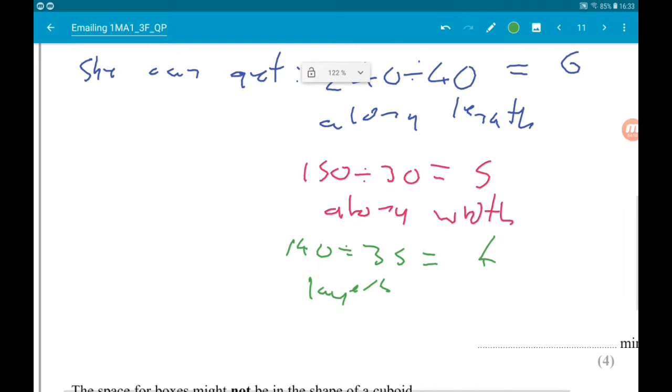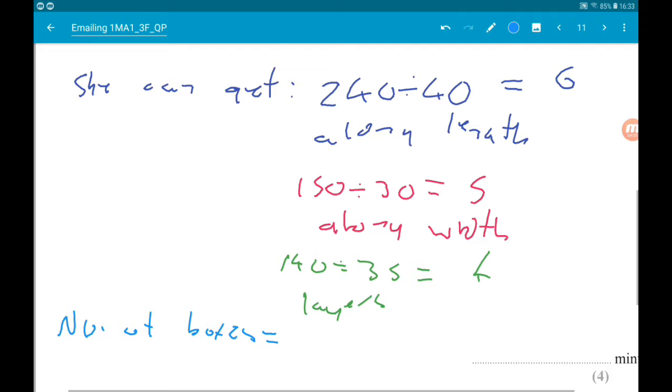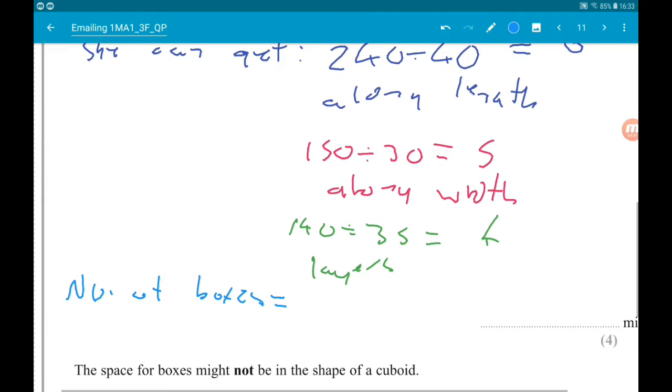So the number of boxes she can get into her van is 6 times 5 times 4, which is 120.